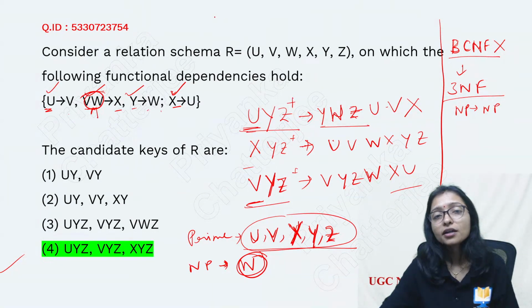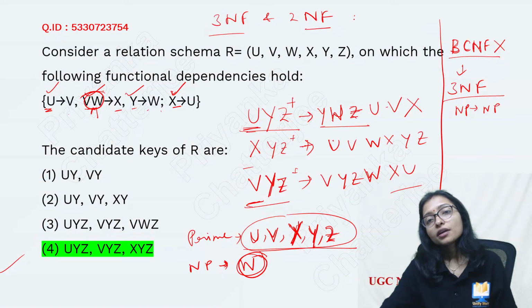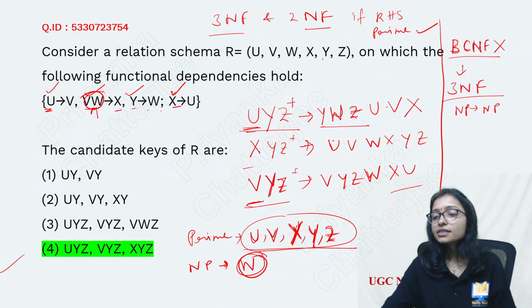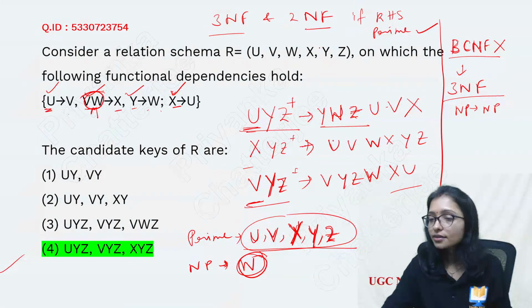Always remember for 3NF and 2NF, if right hand side is prime, then no problem, this is allowed. Right hand side prime is allowed here in 3NF and 2NF. Okay.